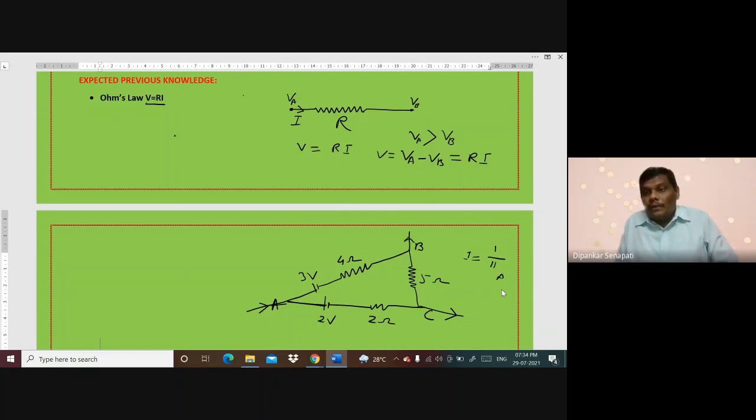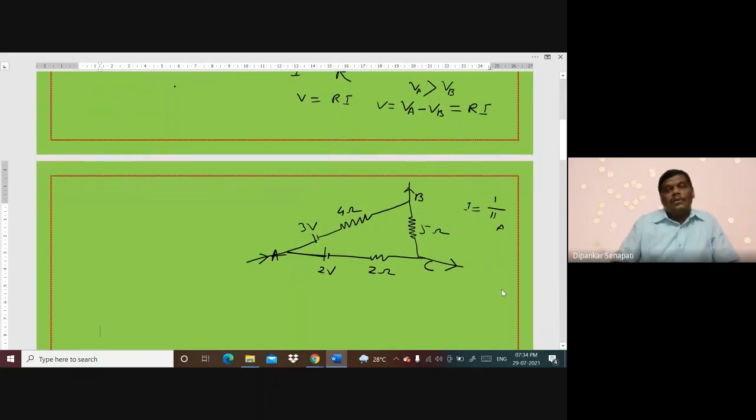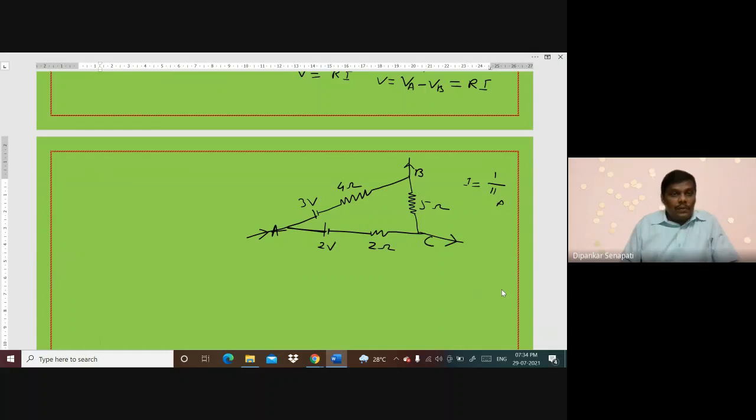Now we cannot apply what we applied for Ohm's law; this circuit becomes complex. For any equation we want to write regarding this circuit, we have to use another law, what we call Kirchhoff's law. Kirchhoff suggested two laws. We have to take help of Kirchhoff's law here.